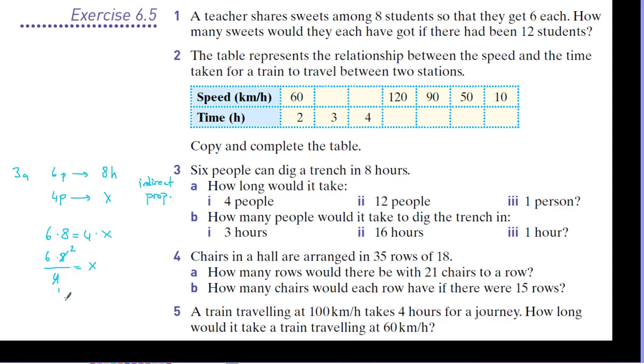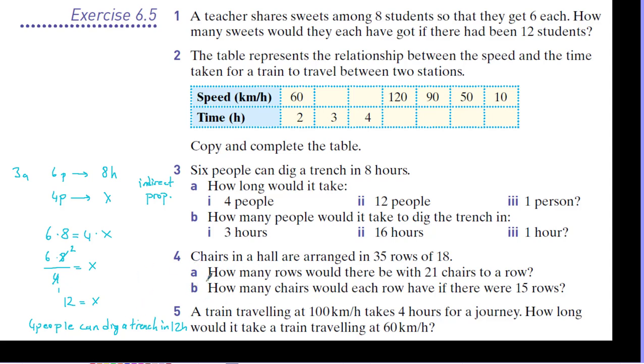So 6 times 2 is equal to 12, which is equal to x, which means that 4 people can dig a trench in 12 hours. So this is indirect proportion.